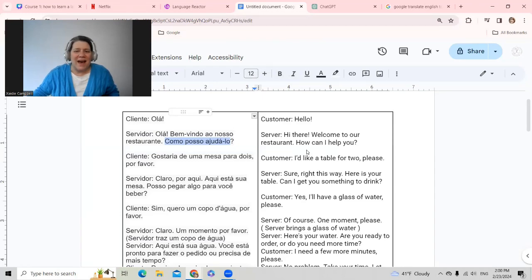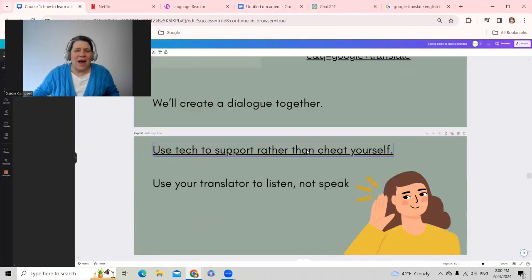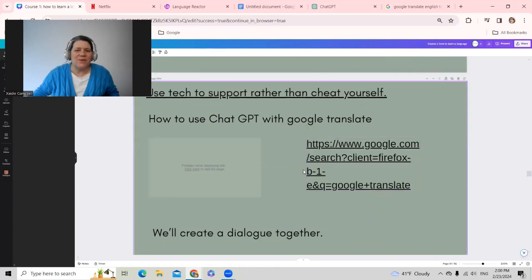So that's how I would use ChatGPT to help me figure out how to increase my vocabulary. It's a much more directed and pointed way of learning what you need to say. So the next time I go to a Brazilian restaurant, I can now order what I want, coxinha. I always want coxinha. Okay?